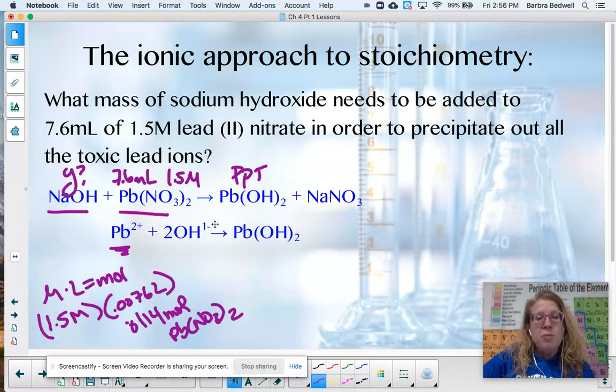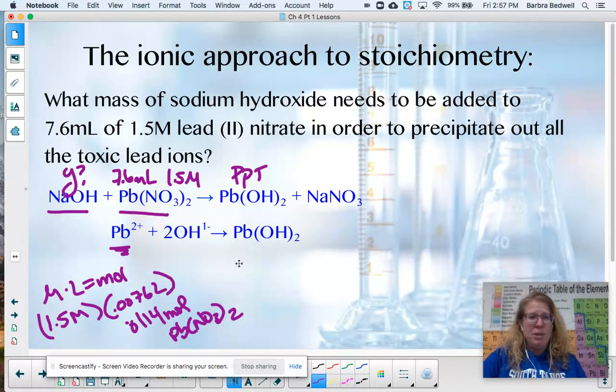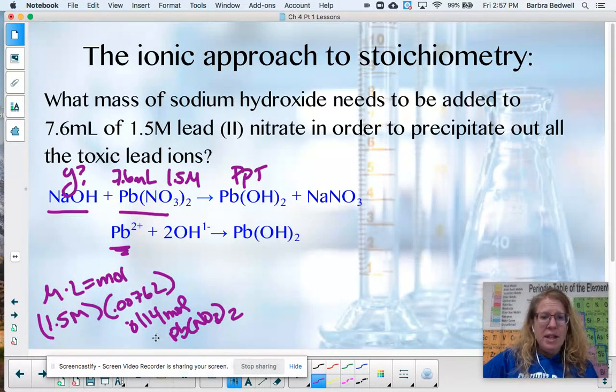So in terms of my neutralization reaction, sometimes it's easier to see the reaction if you're just looking at the ionic equation. The net ionic equation for this is lead ions react with hydroxide ions to form lead(II) hydroxide. Pretty straightforward. So how many moles of lead ions do we actually have?